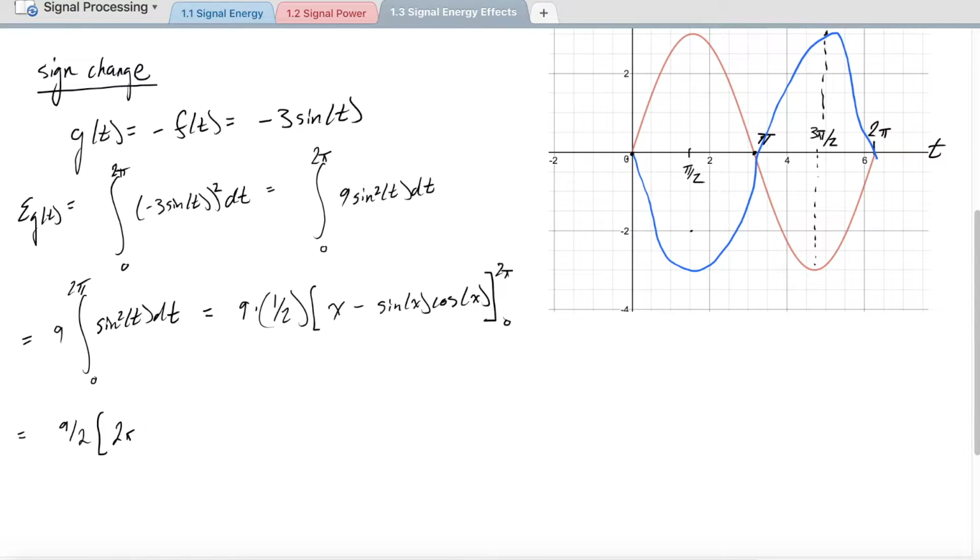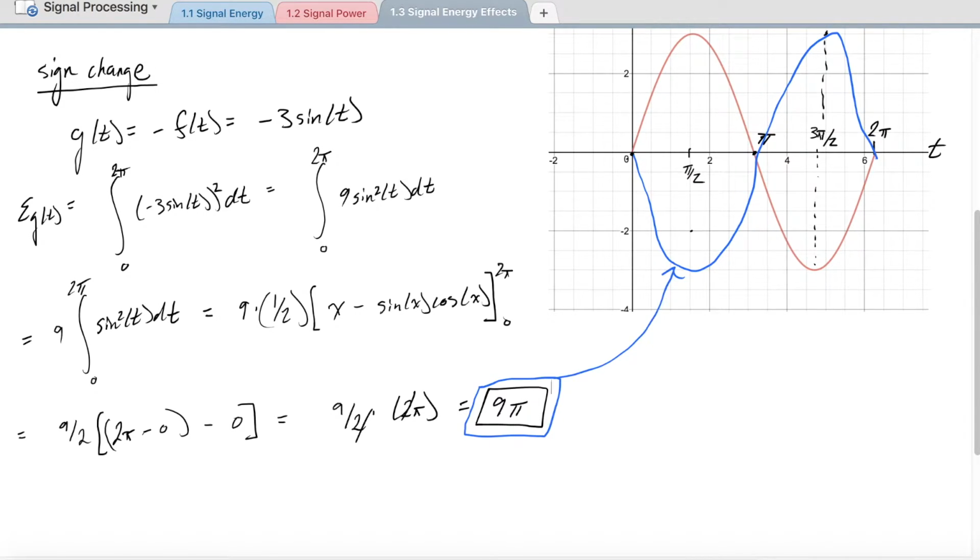We have 9/2 times the quantity 2 pi minus sine of 2 pi times cosine of 2 pi, which is 0, minus 0 minus sine of 0 times cosine of 0, which is 0. So we have 9 over 2 times 2 pi. And this is just going to be equal to 9 pi since our 2's cancel. And again, this is the energy of g of t, which is sketched in blue here.